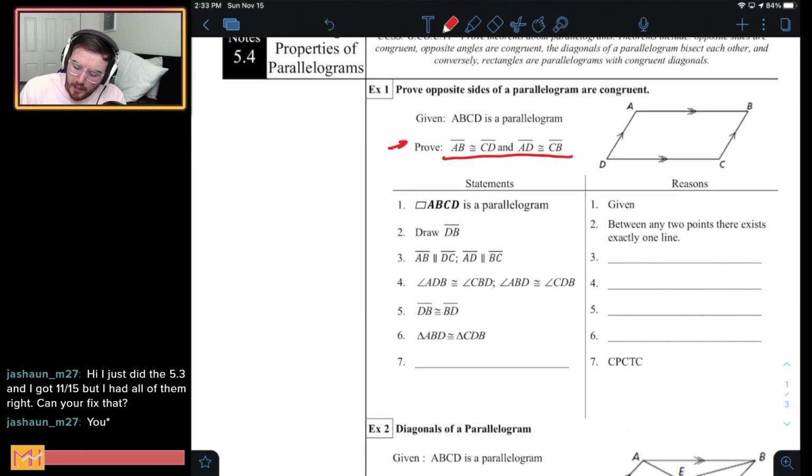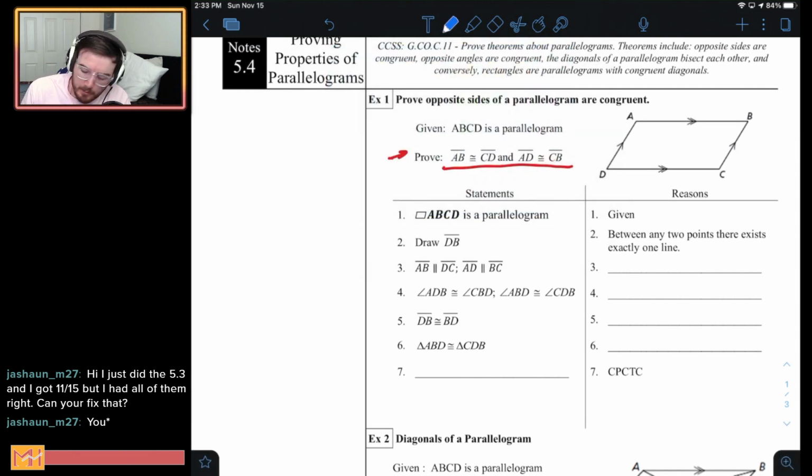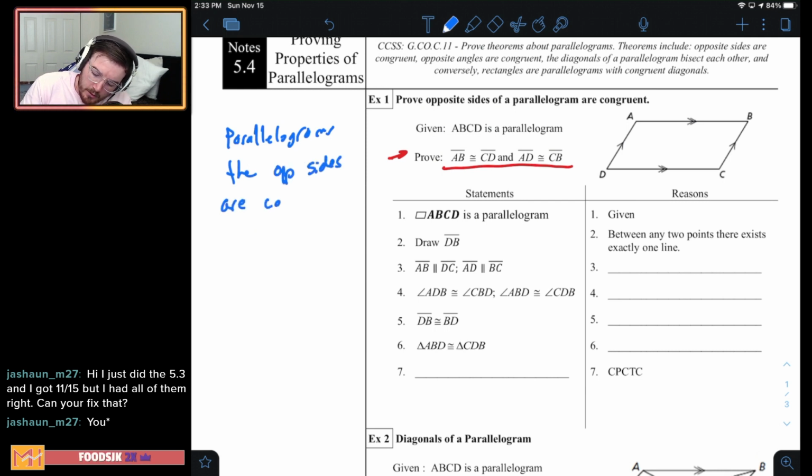So what we're doing here is, what have we discussed in the past about parallelograms? We've discussed pretty thoroughly that for parallelograms, the opposite sides are congruent. That's what this statement says right here, right?